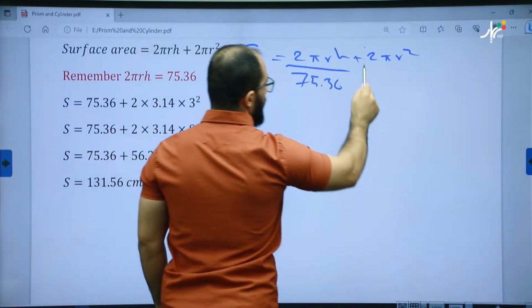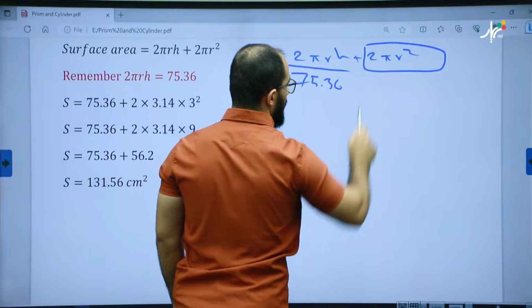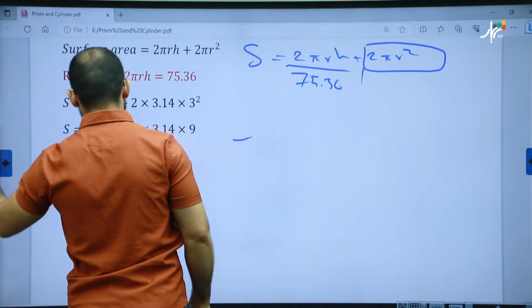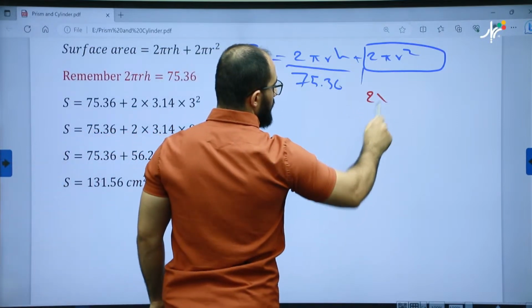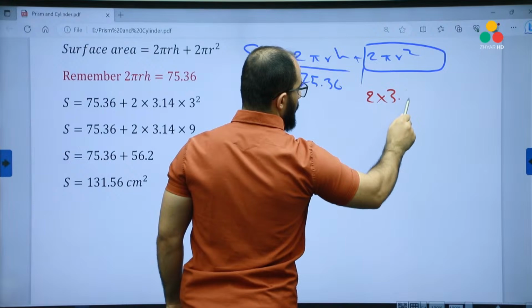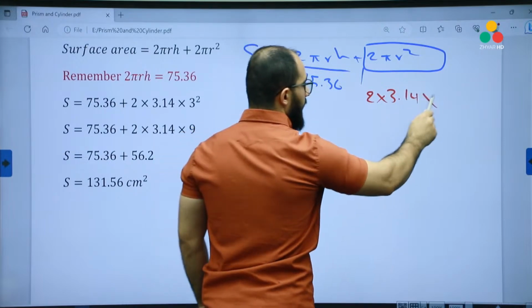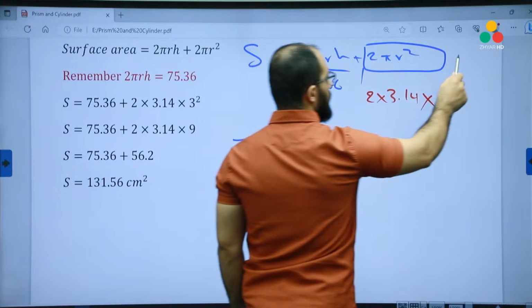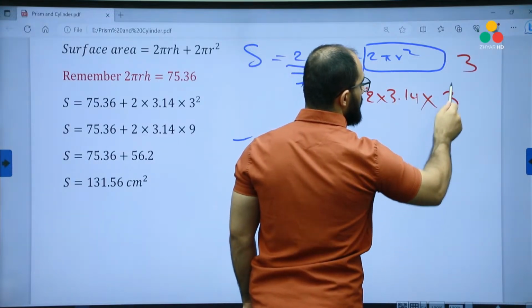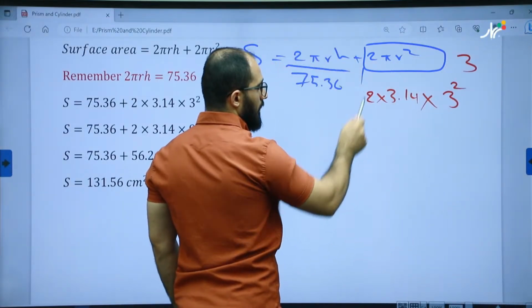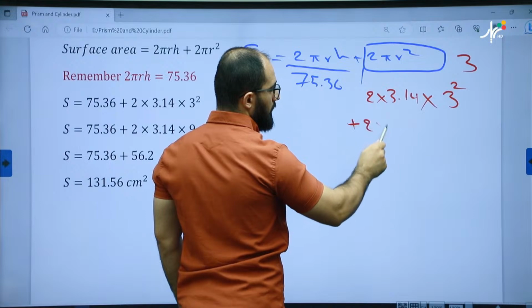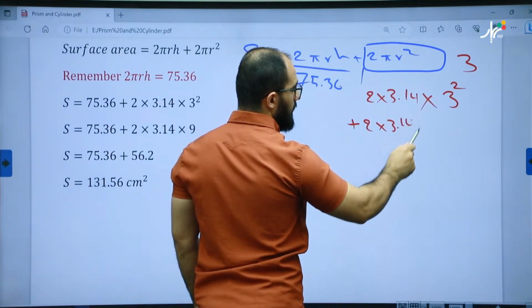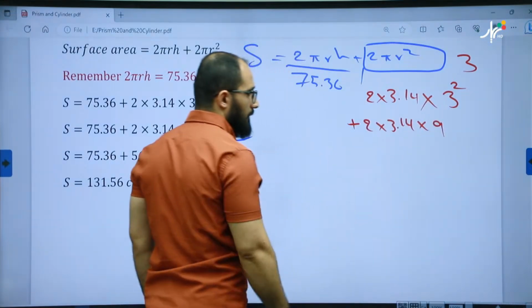Then we are going to find this part. Okay, 2 times 3.14 times r square. What was r? It was 3. So it means 3 square. Okay, 2 times 3.14 times 9.